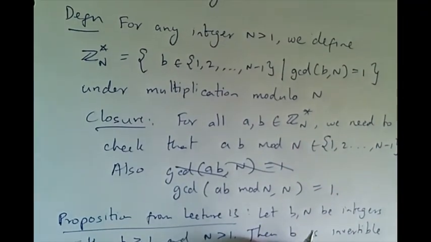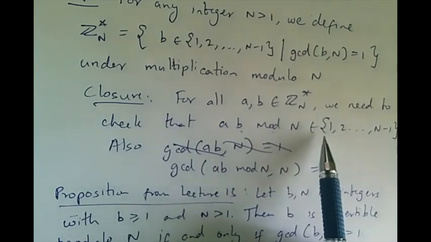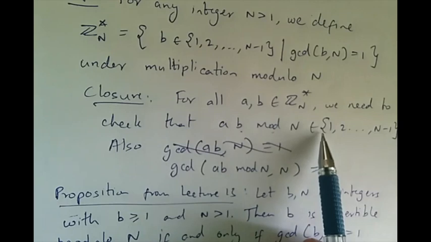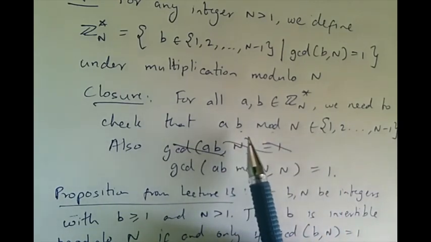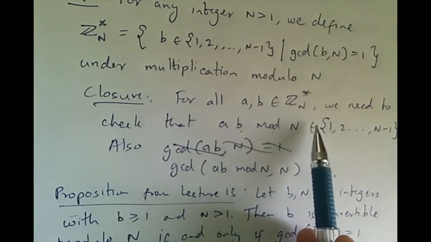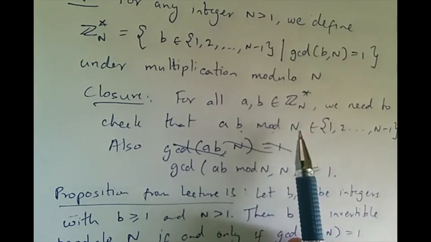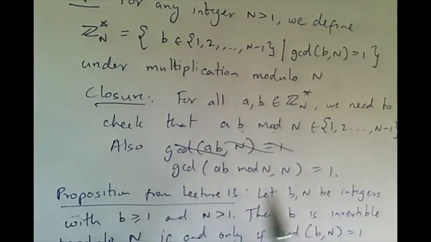What do we want to show? We want to show that this ab mod n is never 0. We'll show that by arguing that if ab mod n was 0, because a and b have multiplicative inverses, I'll just multiply by a inverse and b inverse. On the left hand side, I'll get 1. But 0 times anything is 0 mod n, so I'll get 0 on the other side. That's a contradiction. So that is how we'll make sure that ab mod n is never 0.